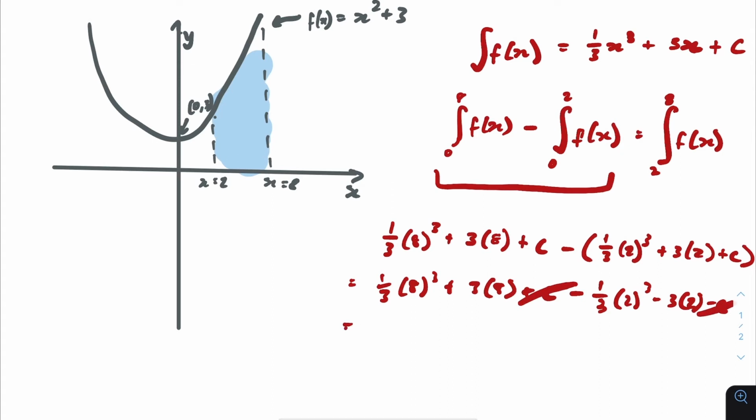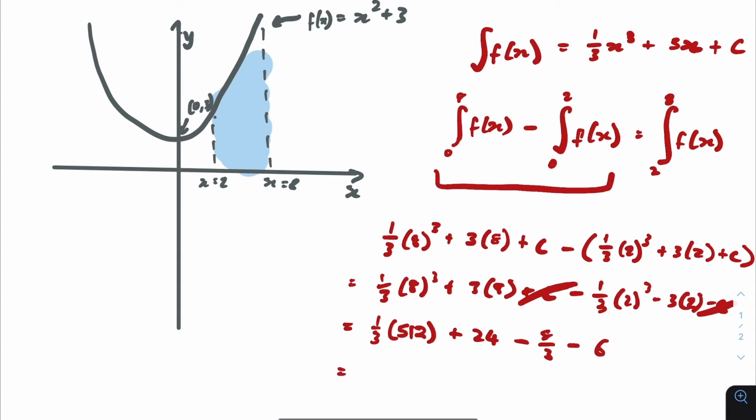And now, if we work this out, 8 cubed is, let me just use my calculator, I think it's 256. Oh no, it's 512. So 1 over 3 times 512 plus 24 minus, then 2 cubed is 8, so 8 over 3 minus 6.